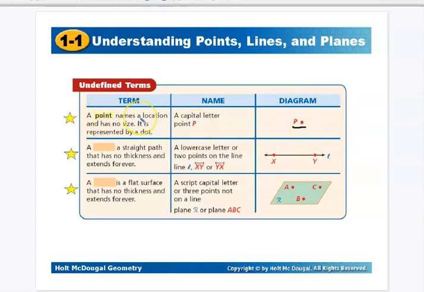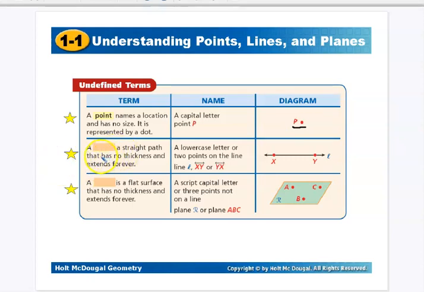Okay, you need to be really paying attention to this. The way we diagram and name these parts of geometry is important. If you were to use, for example, a lowercase letter to label a point, that would be considered incorrect and it would be graded incorrect. So pay close attention to the way we do these.